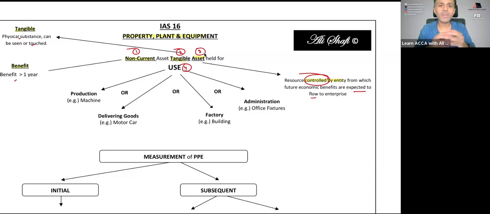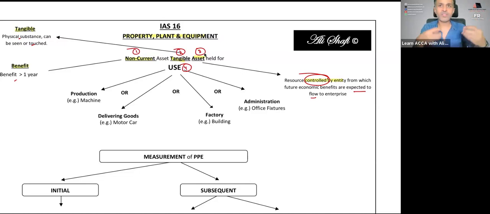But depending on the nature, I cannot use this laptop for production. The laptop is for administrative tasks, but a machine is meant for production. A motor car is meant for delivering goods or providing pick and drop service to staff. A building will be used as a factory building, office building, administrative hall, accounts office, or retail premises. That's what buildings are used for.